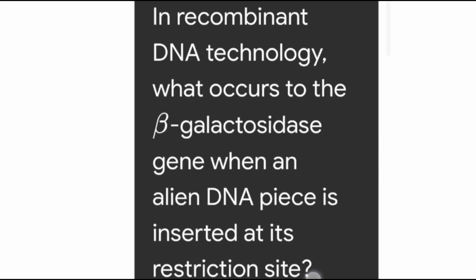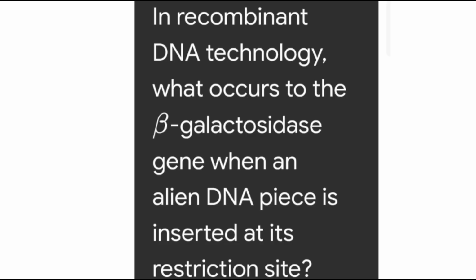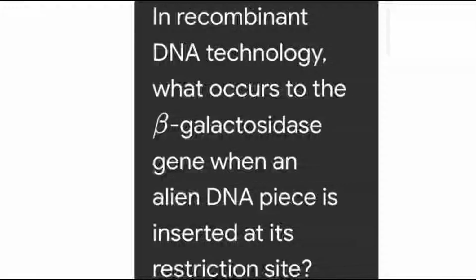It occurs when some outside DNA, an alien DNA piece, is inserted at the restriction site of the beta galactosidase gene.